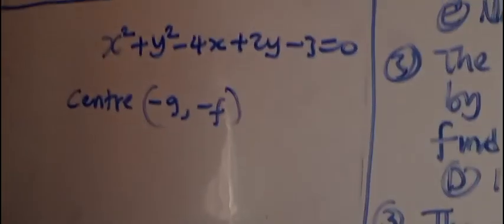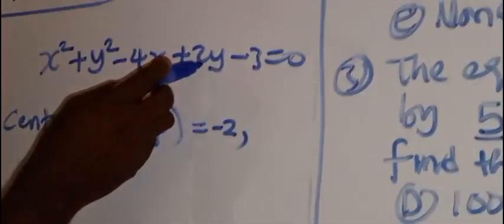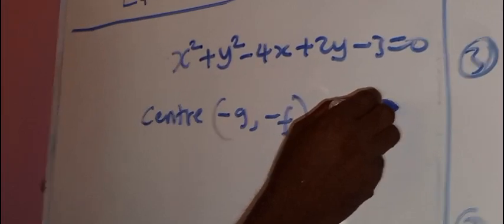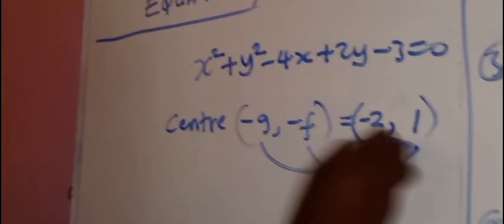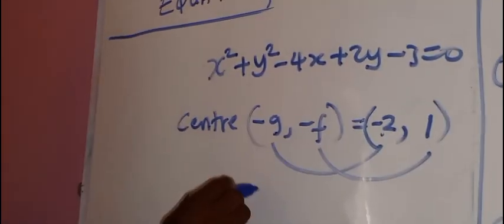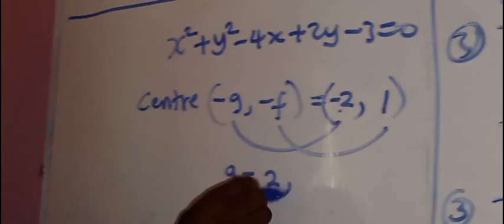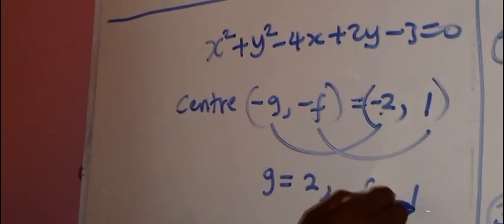Half of the coefficient of x is half of minus 4, that's minus 2. Half of the coefficient of y, 2, is 1. You put 1 there, plus 1. Now, if you compare this, you can see that minus g is equal to minus 2. That means g is equal to 2. Then minus f is equal to 1. It means f is equal to what?